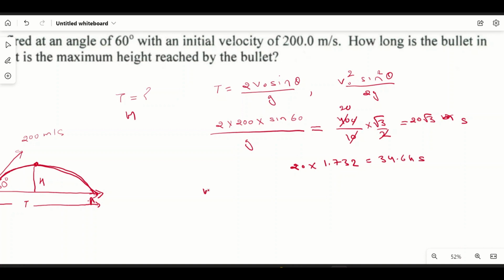So maximum height h is equal to V0 square sine square theta upon 2g. We can put the values again. V0 is 200, so 200 square into sine square 60 divided by 2 into 10.